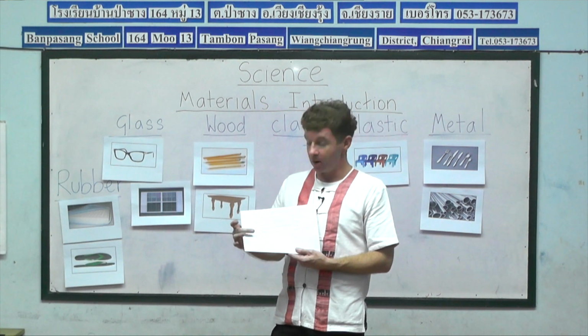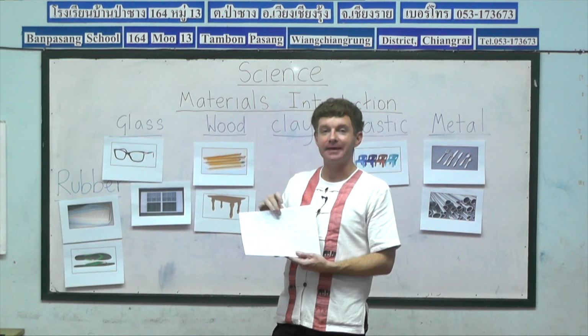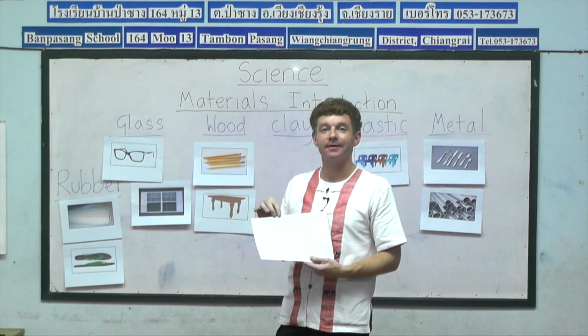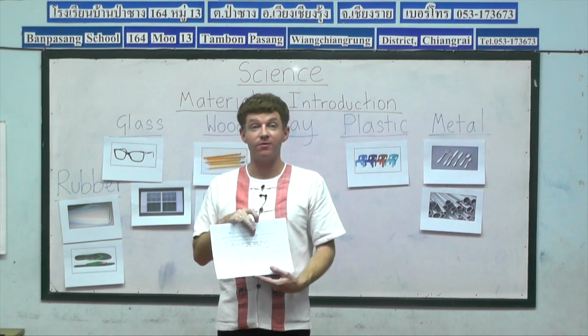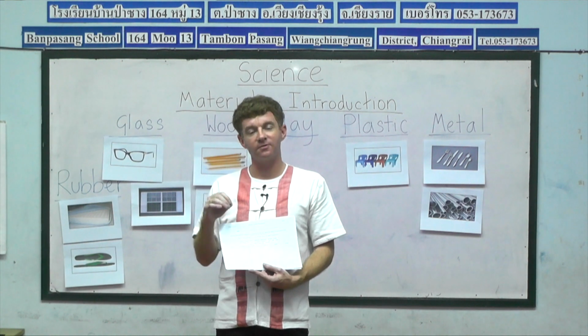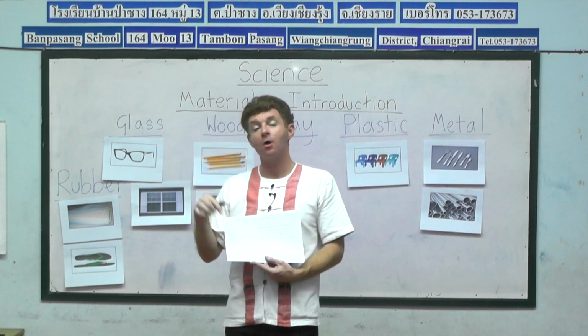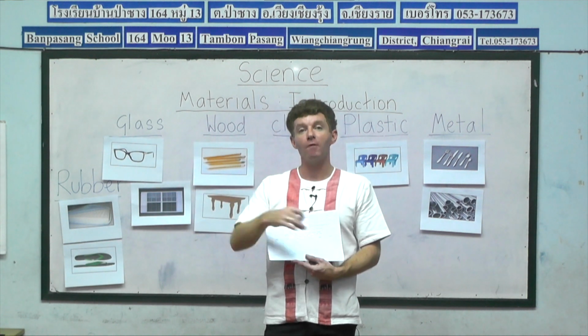Glass, wood, metal, clay, rubber, and plastic. Okay, and in the word box are lots of different objects. What our students need to do is read each object and decide what materials they are made from, and then write the object in the correct column.